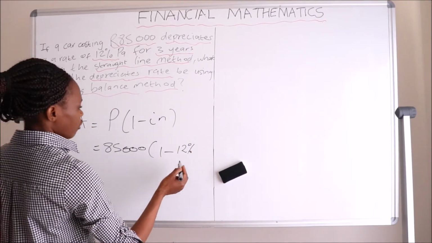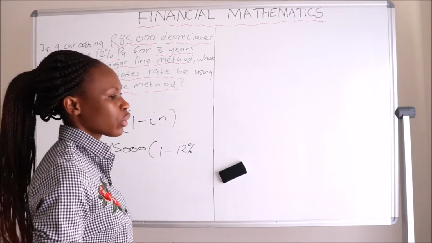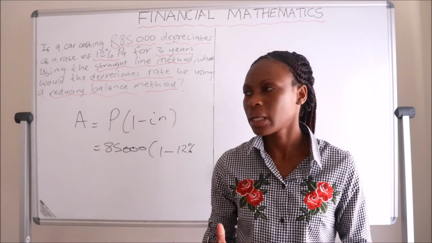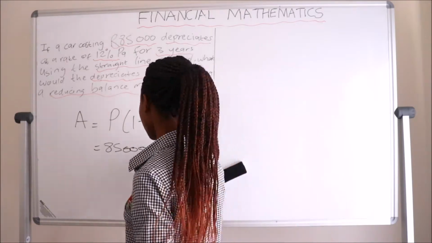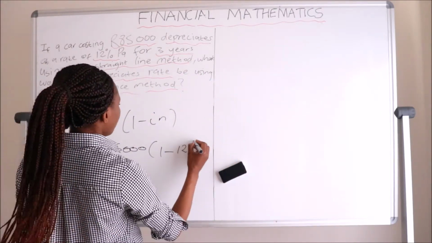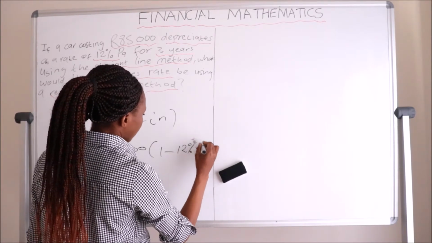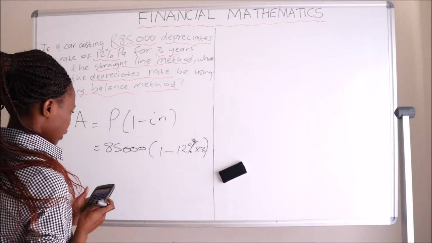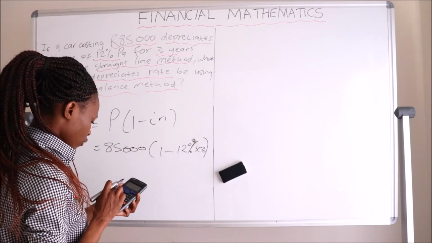So for 3 years, they didn't mention that it will be compounded more than once a year, so we don't have to divide the interest rate by anything. They just said per annum, so it's divided by 1, and we don't have to write anything. So that will be in a period of 3 years, so that will be multiplied by 3, so that we can get how much this car will be worth after the period of 3 years.